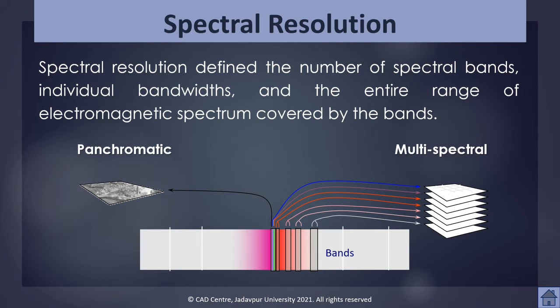Black and white film, for example, records wavelengths that extend over much of the visible portion of the electromagnetic spectrum. Its spectral resolution is fairly coarse, as the various wavelengths of the visible spectrum are not individually distinguished and the overall reflectance in the entire visible portion is recorded.